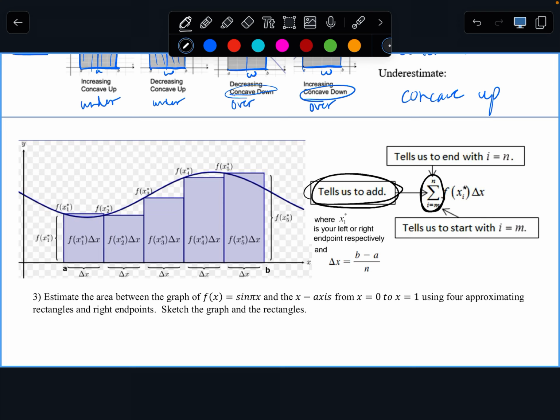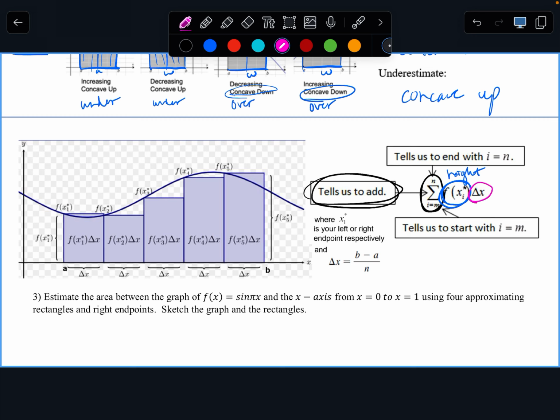This f of x, that's like the y, right? Like up and down. Well, the up and down in rectangle world is your height. And then your change in x, for now anyway, is on the horizontal.